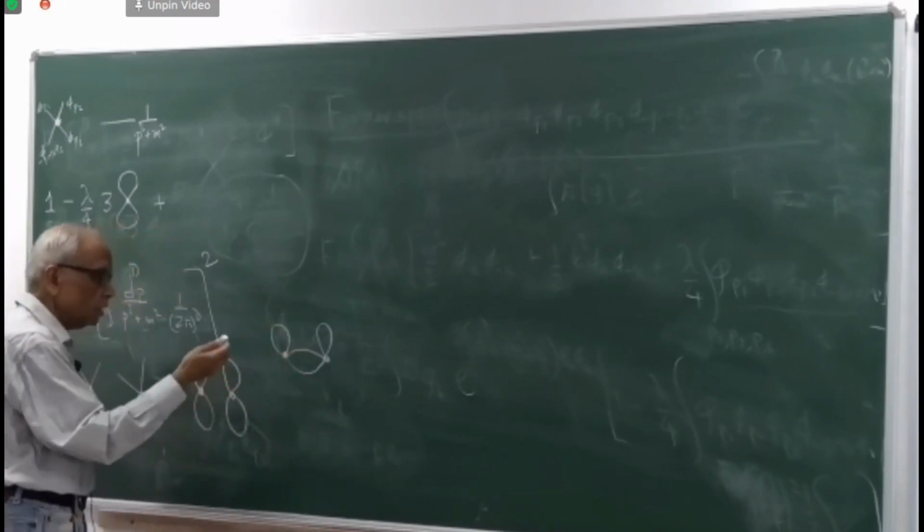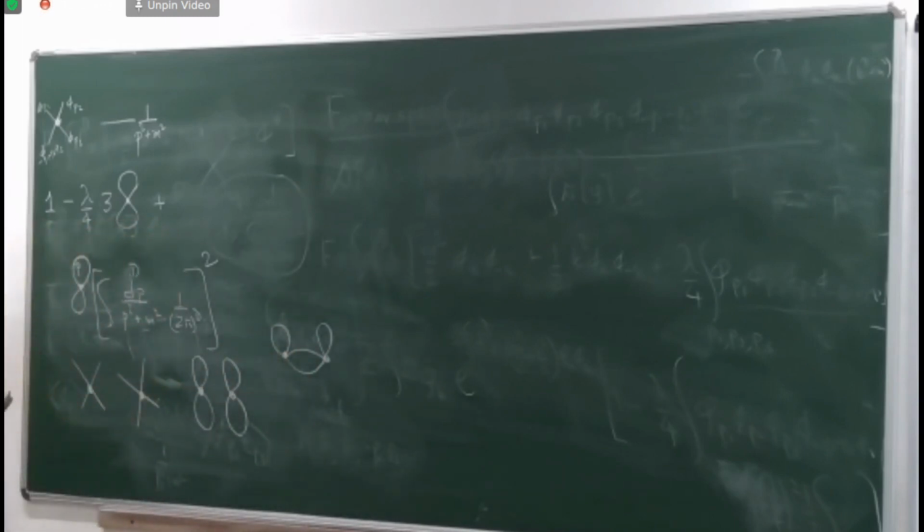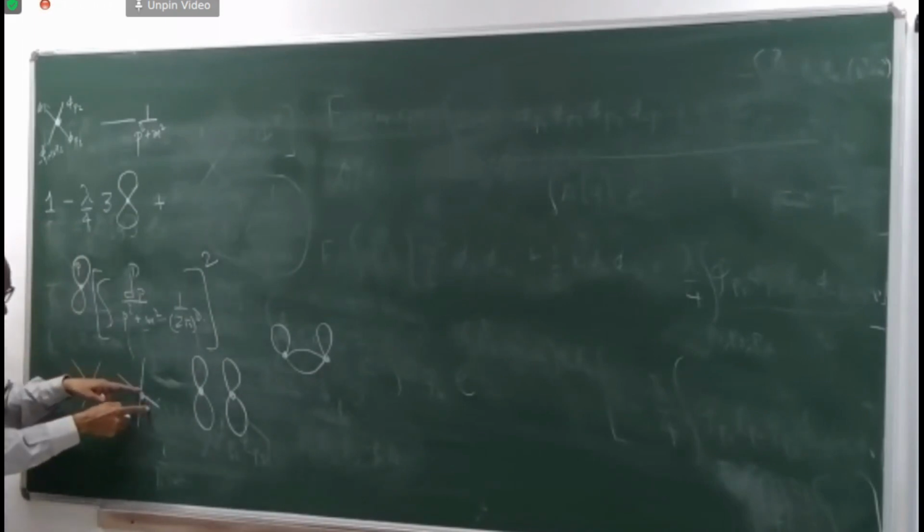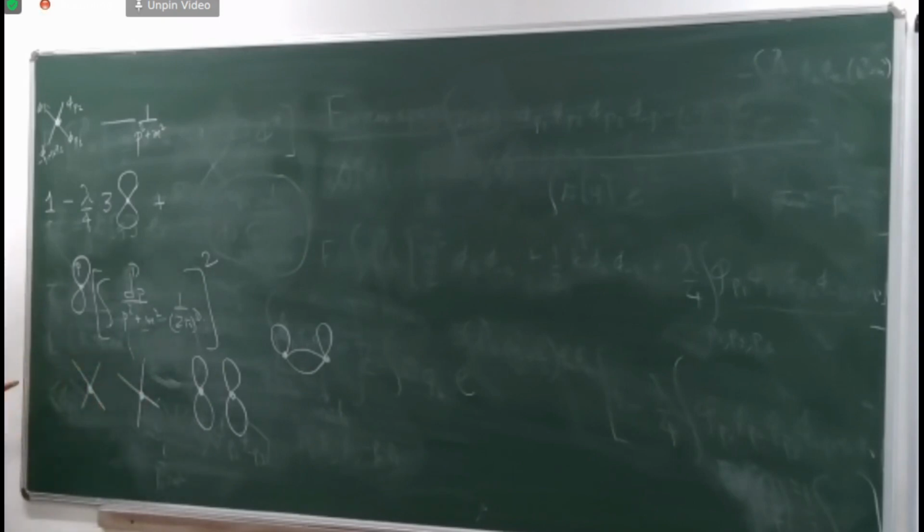Now similarly, I would have to count weight factors. Out of these, I choose any two, and out of these, I choose any two, and they have to connect. So that would be the combinatorics for this: choose any two out of this, so 4C2, another 4C2, and now you can connect those.